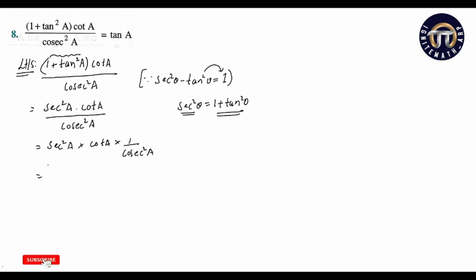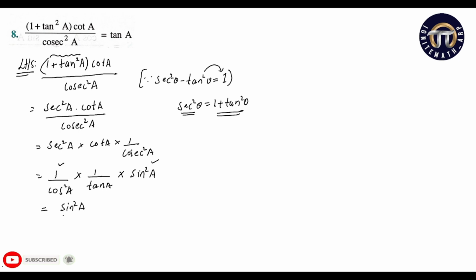So secant square A can be written as 1 by cos square A, cot A can be written as 1 by tan A, and 1 by cosecant square A can be written as sin square A. So now this 1 by cos square into sin square will give you sin square A by cos square A into 1 by tan A. So now what happens, children?